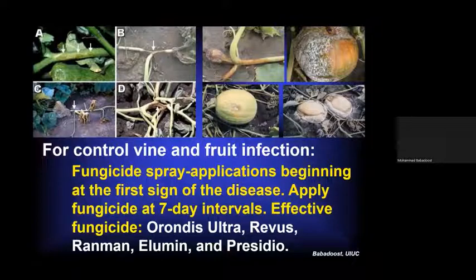What are those in Illinois? Orondis Ultra, Revus, Ranman, Elumin, and Presidio. These are the most effective ones in Illinois. Every year I have an experiment, a trial, to make sure that everything is under control.